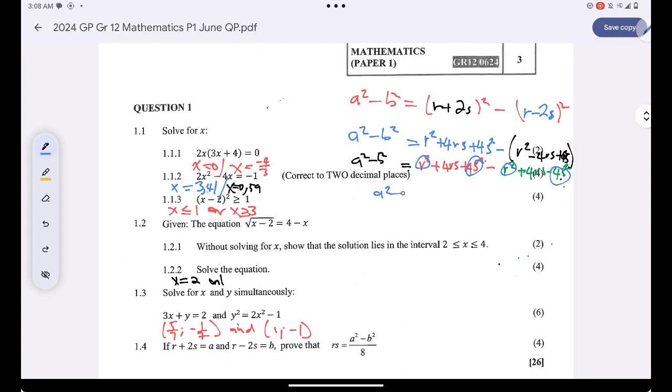I'll be left with a squared minus b squared is equal to 4rs plus 4rs, which will give me 8rs. Then I can divide both sides by 8. I know that a squared minus b squared all over 8 is equal to the product rs. So now I've proven that the product of rs will be given as this.